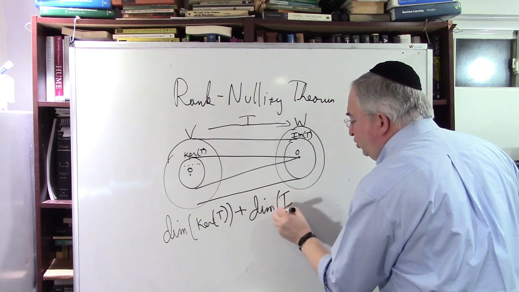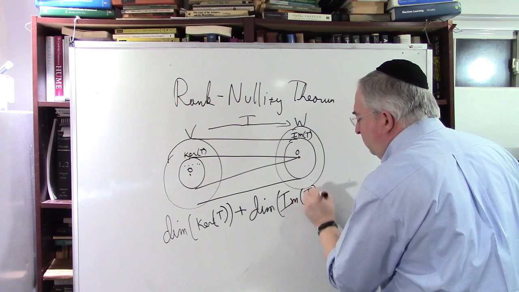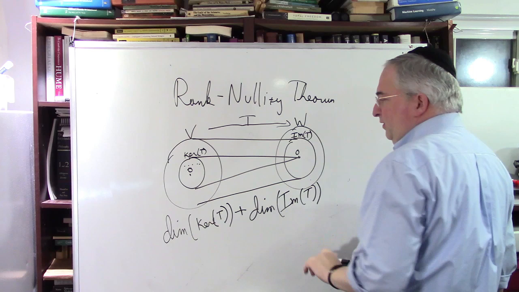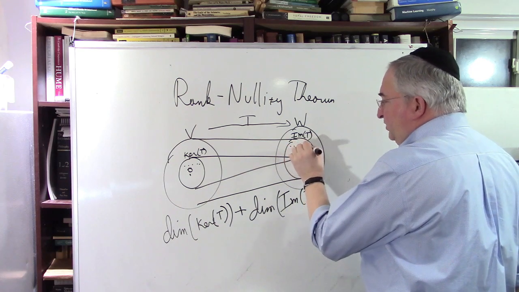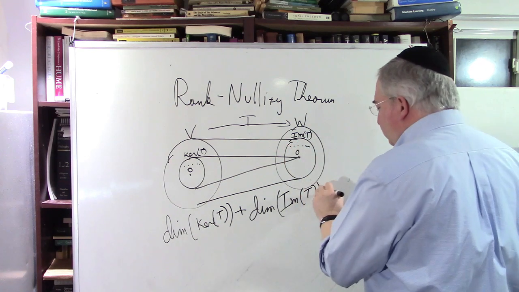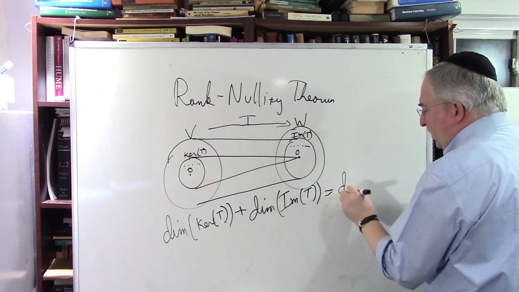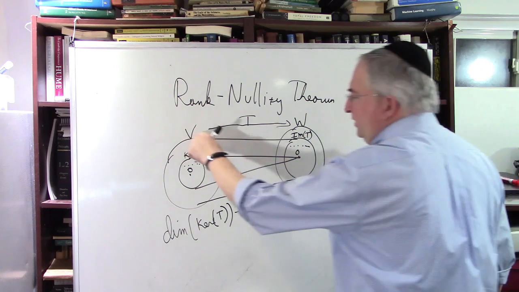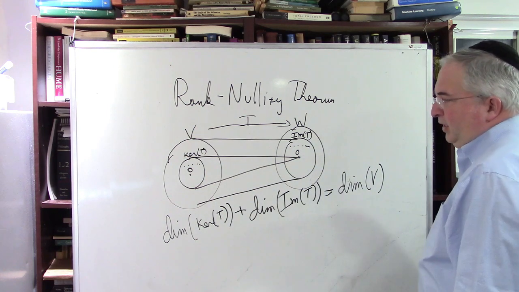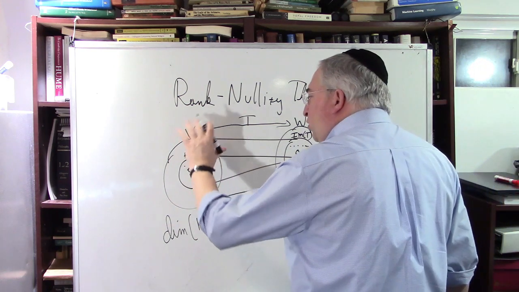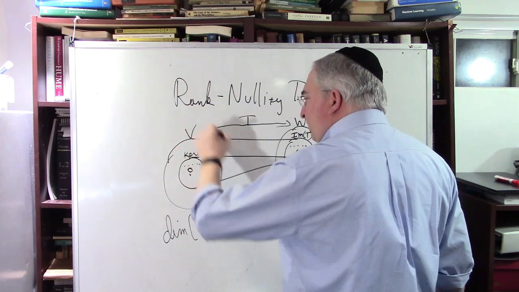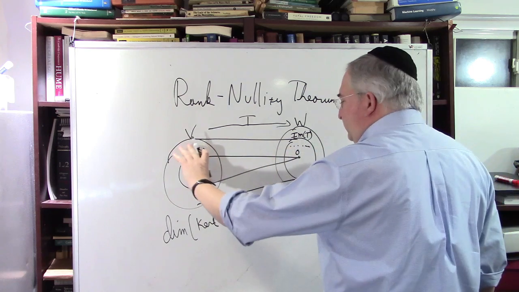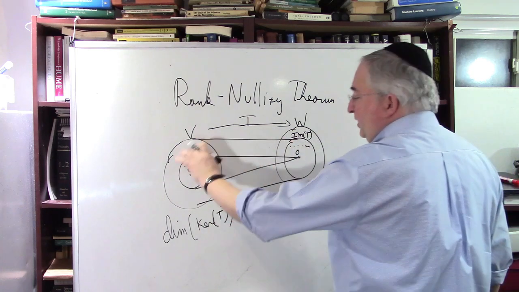In other words, you can figure out how many ways there are of describing V by seeing how many things get crunched to 0 plus how many things are in the image, and then you get the whole thing.